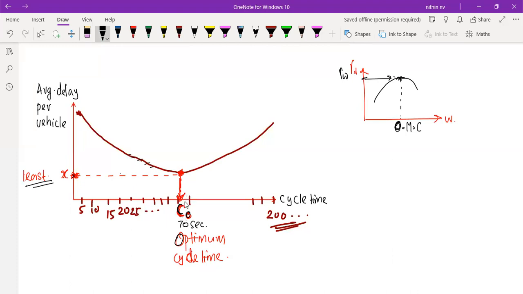And if you give a time greater than 70, then also the delay will increase. So what is the best thing? The best thing is to provide this exact optimum value of CO, so that the average delay per vehicle is the least. Delay is something we always need to reduce, so that vehicles can move faster. This is what is important for us in signal design, and how to calculate this optimum cycle time.